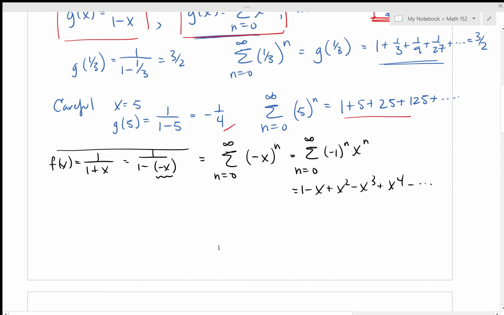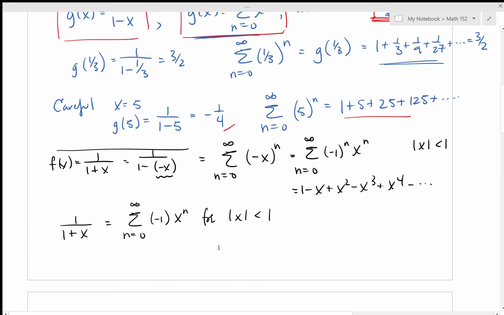Similarly, the domain will be the same as it was for the geometric series. So just to write this out formally, 1 over 1 plus x is exactly equal to the sum of n equals 0 to infinity of -1 to the n times x to the n, for the absolute value of x less than 1.